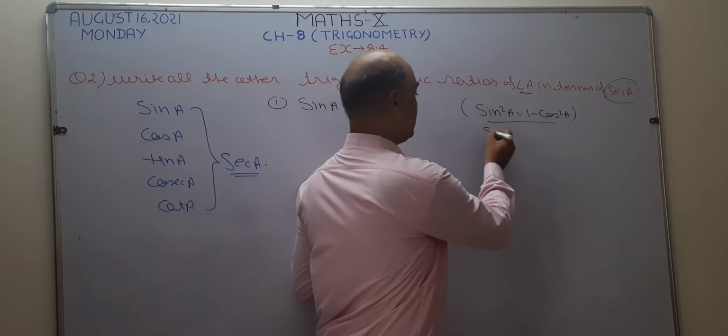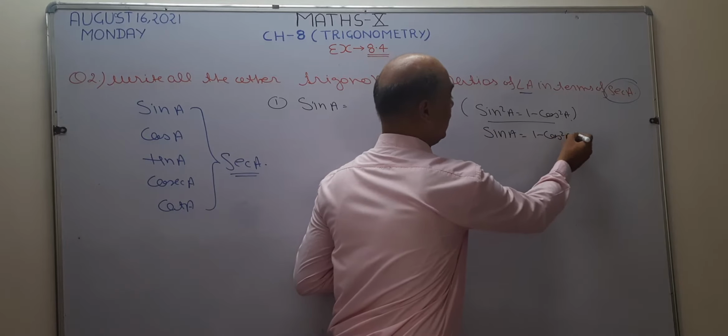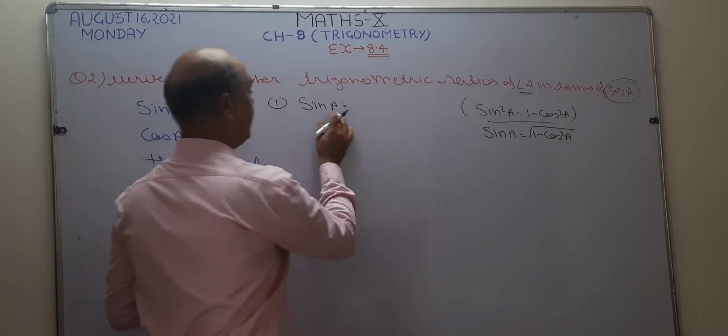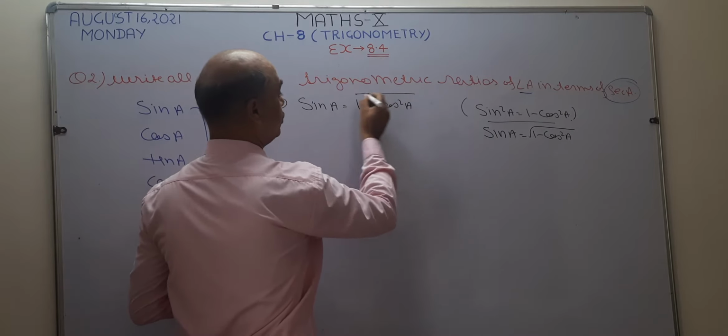It means sine A can be written as the square root of 1 minus cos square A. So instead of sine A, I want to write the square root of 1 minus cos square A.